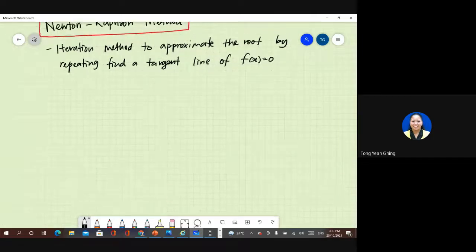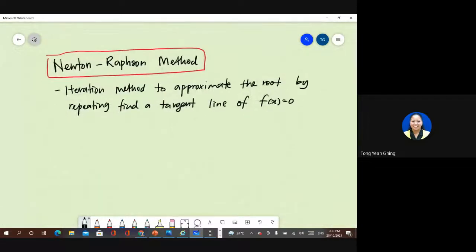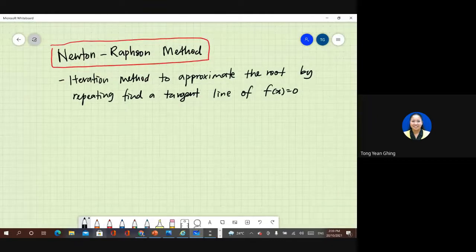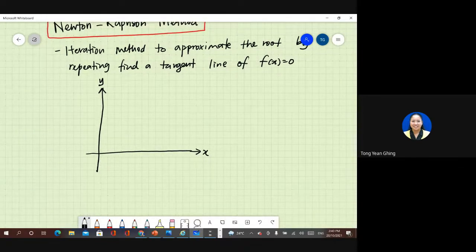So maybe I have to draw the graph so that you can understand. Okay, so let's say we have a graph like this. So we have a root right here, the intercept at this x, this is the root.